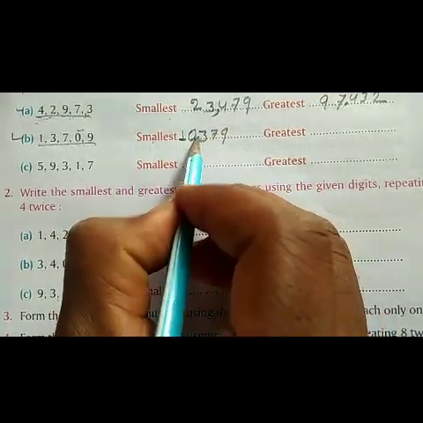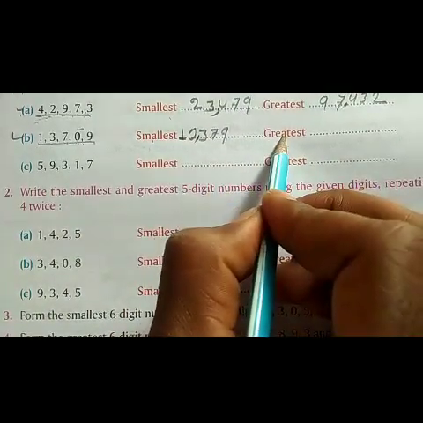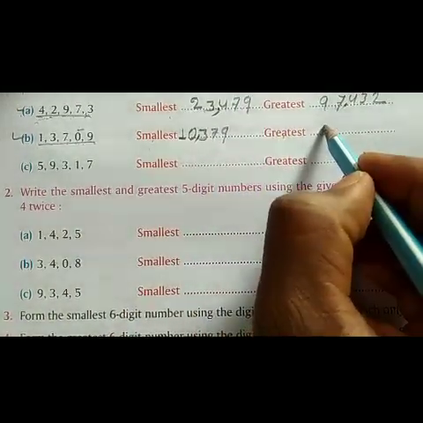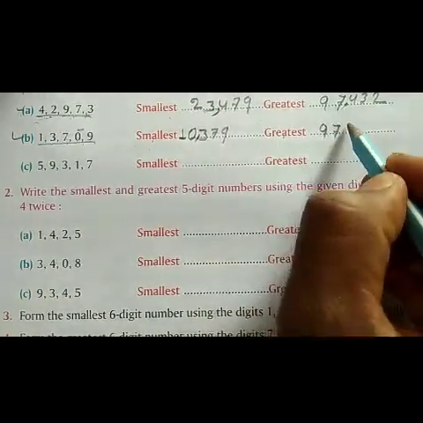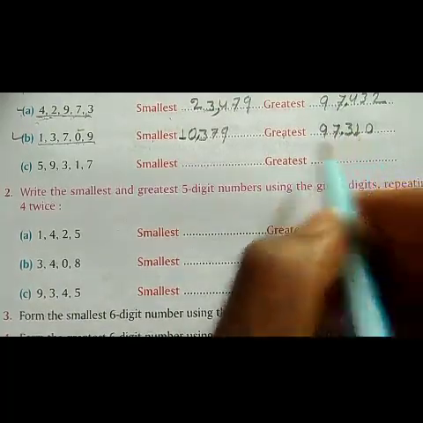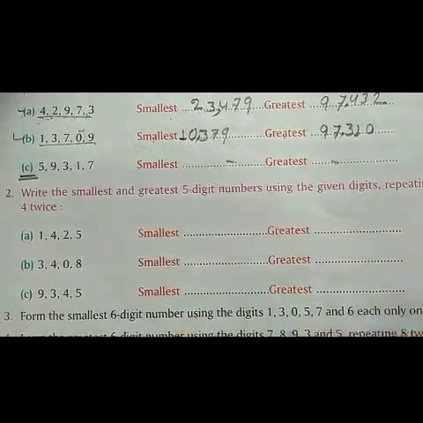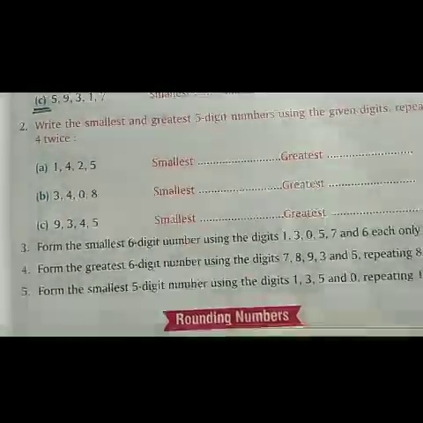Ones, tens, hundreds, 10,379. To form the greatest number, 0 will be at ones place. So this will be 9, 7, 3, 1 and 0. That will be 97,310. This part C you will solve by yourself. You can do it easily. This is a very easy part.